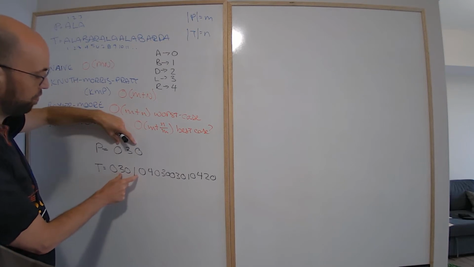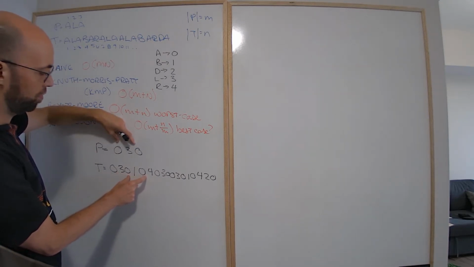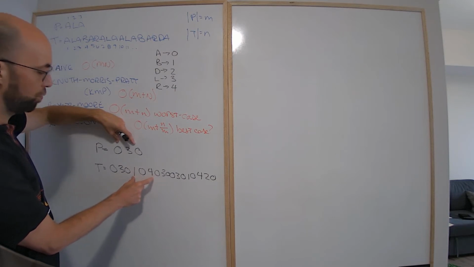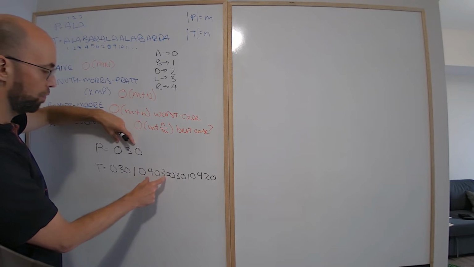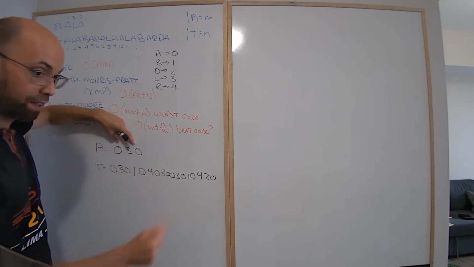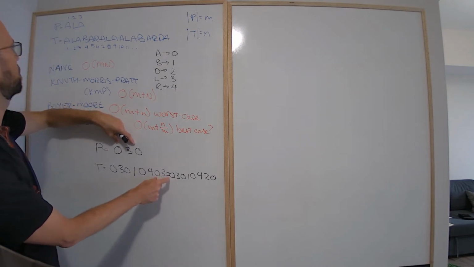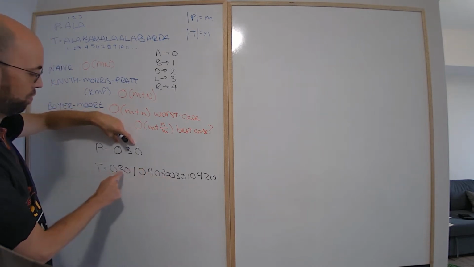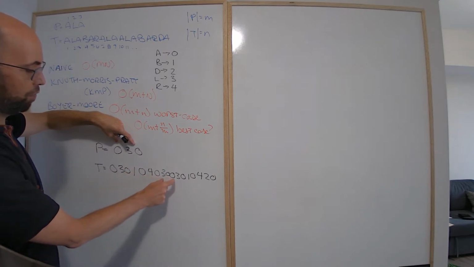Okay. Is 301 the same as 030? No. Is 010 the same as 030? No. 104? No. 040? No. 403? No. 030? Oh, yes. So that comes back yes. So we output this position, which is 7: 1, 2, 3, 4, 5, 6, 7. 300?